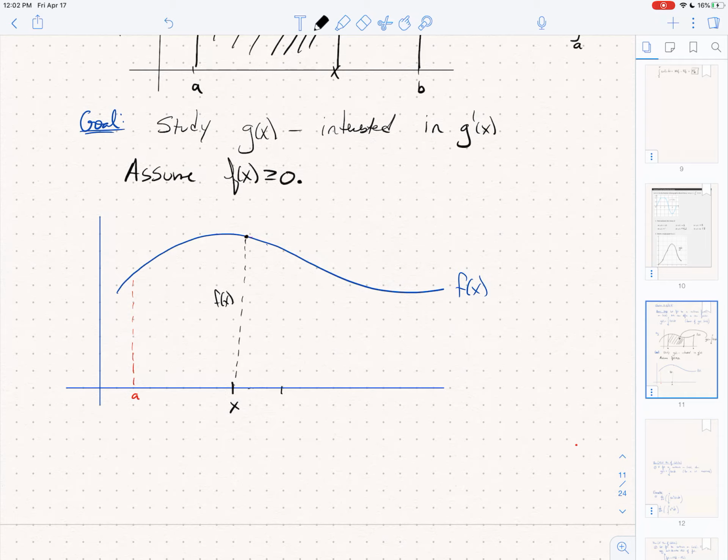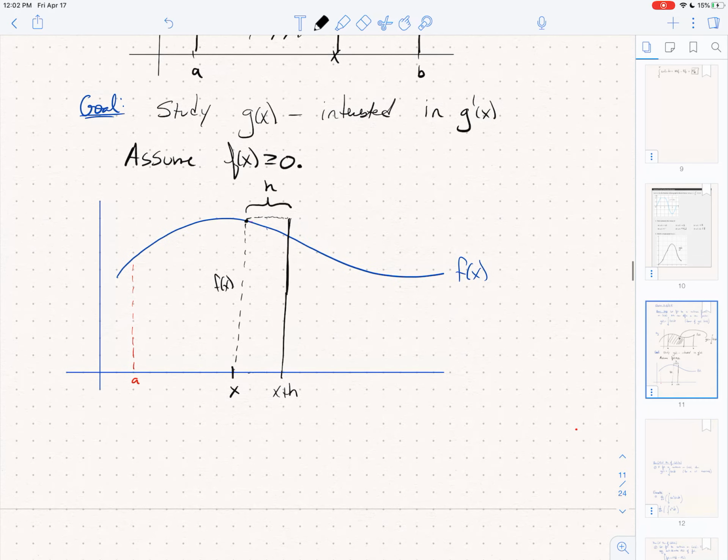Here we go, and I'm going to go out to x plus h. So I went out a distance of h, and I can plug this in, and I'm going to go ahead and form a rectangle here. Okay, and I've got a rectangle, and of course this distance right here, that's a very bad wiggle. Let's try another one. Much better. This distance is exactly h.